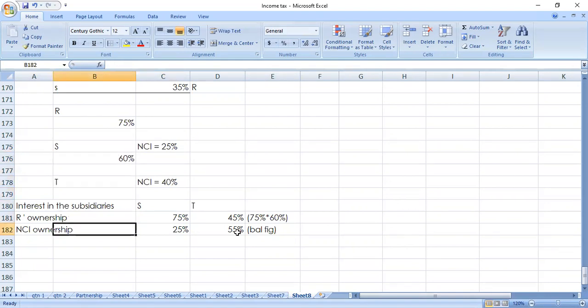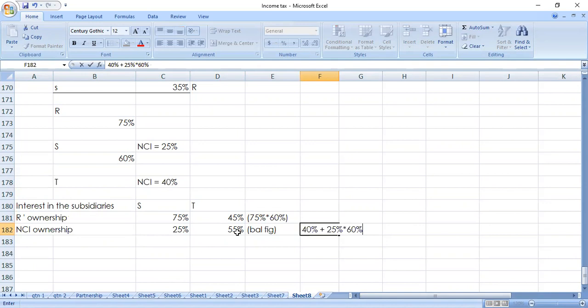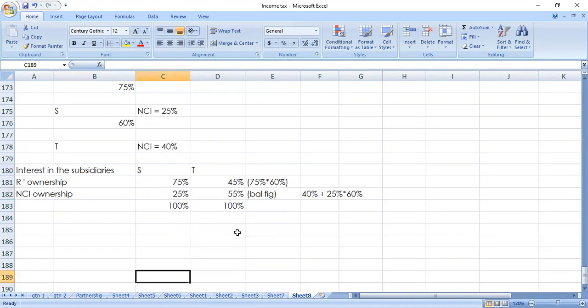Okay, so it's what you want to add. So we say here, same as 40%, which is the direct one, then plus the indirect one, which is the 25%, which passes through S on the 60. So when you compute these, you will get that 55%. But you don't have to worry about this one. Just worry about this. At the end of the day, you must have 100% in the end. So that's how we get the percentages.